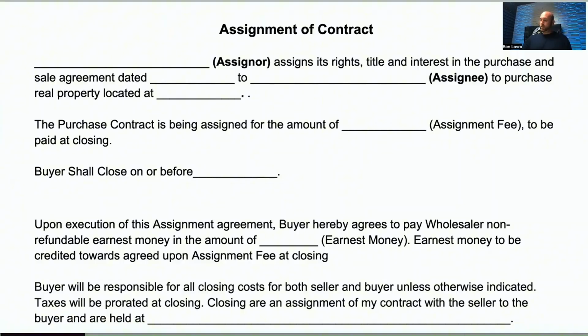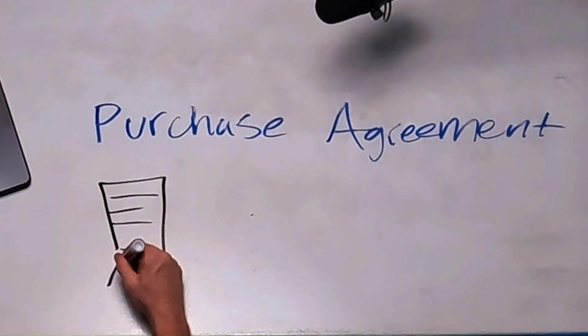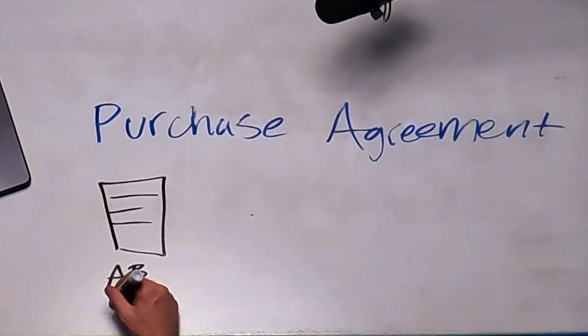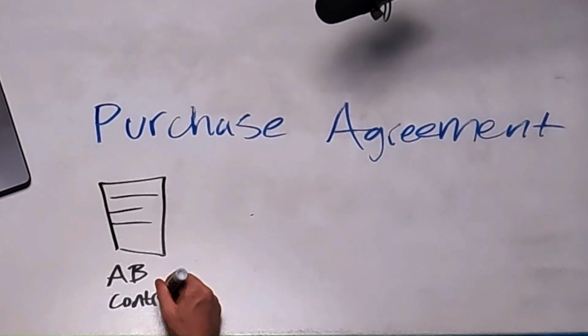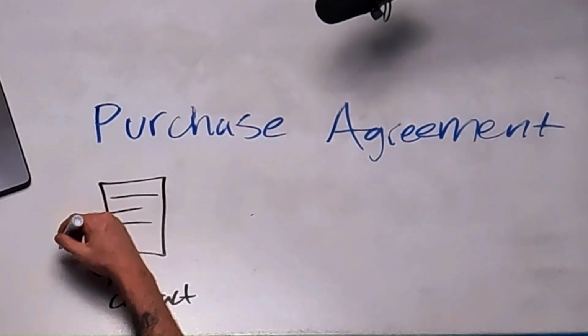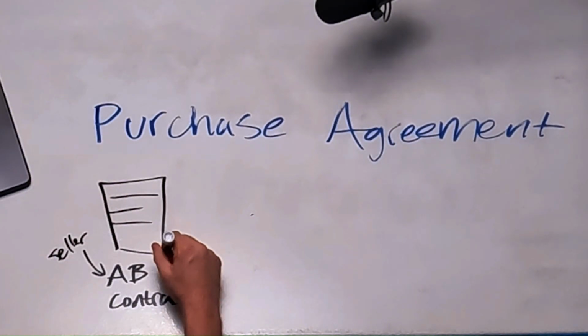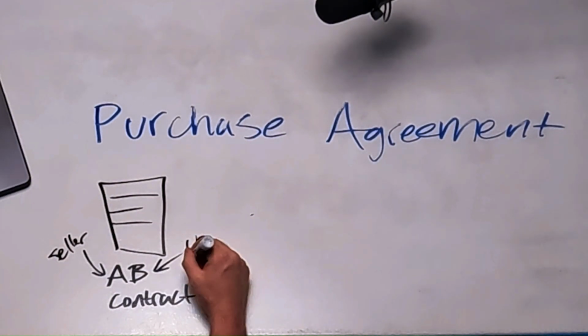would be considered the AB contract, right? That's the AB purchase agreement. Seller to us. So the A is seller, B is us as the buyer.